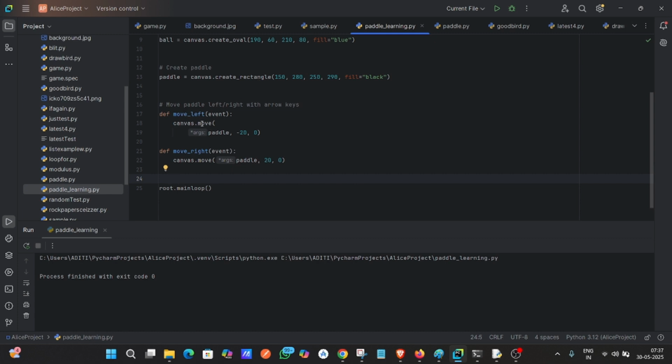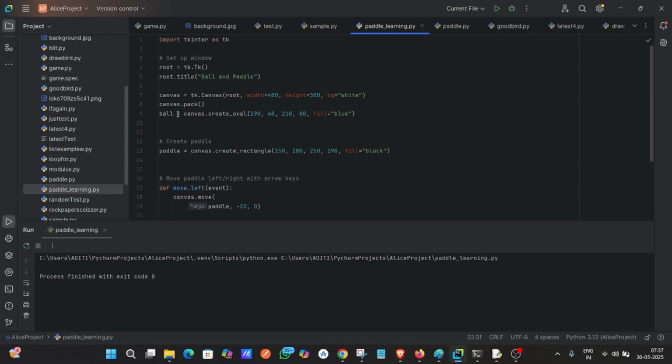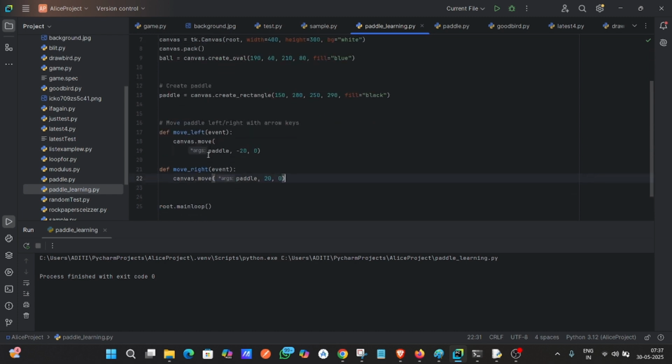What is this doing? canvas.move. This canvas class, which we created here at the top of the code, this one, has many methods. One of the methods is move. So when you say canvas.move, it gets the signal that something has to be moved. What has to be moved? The paddle.